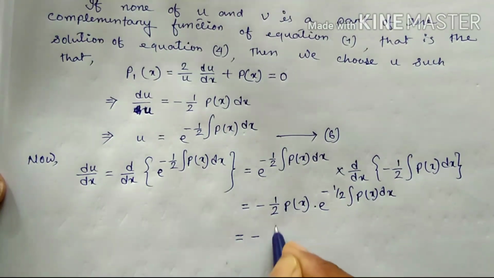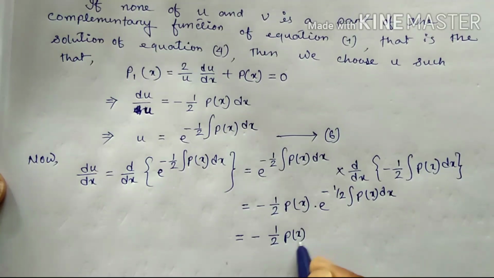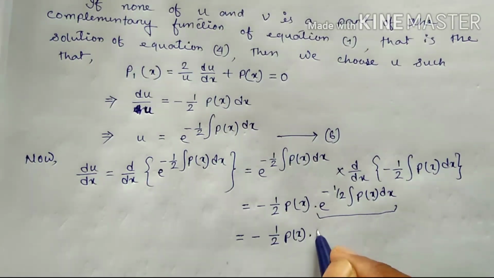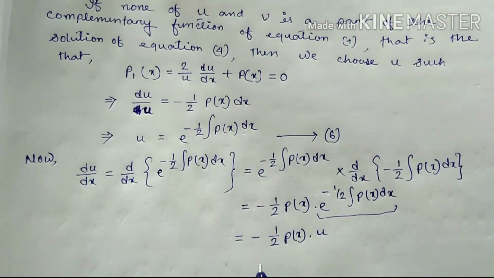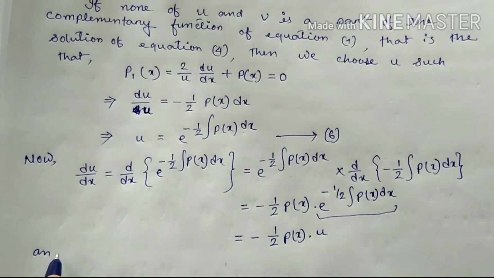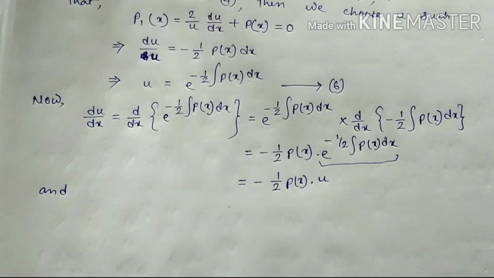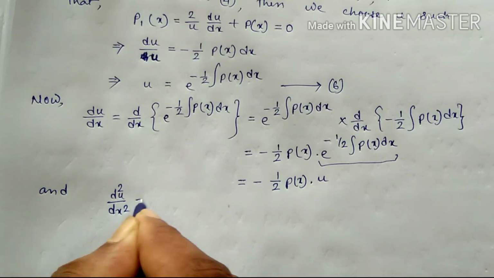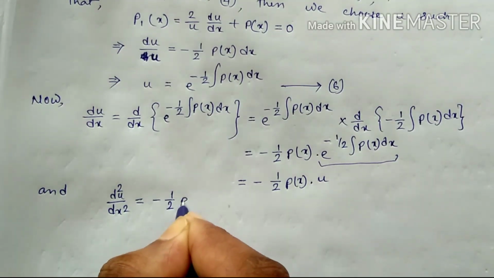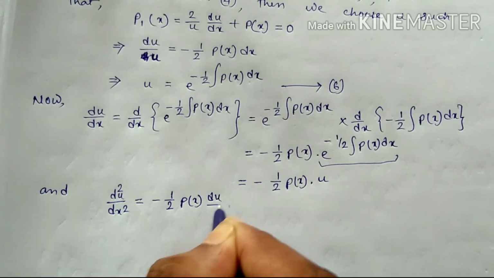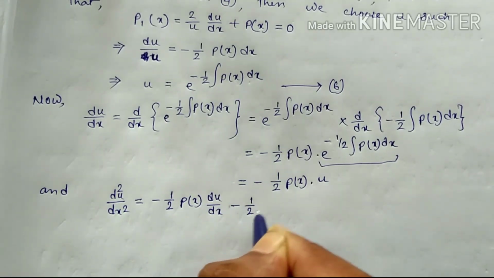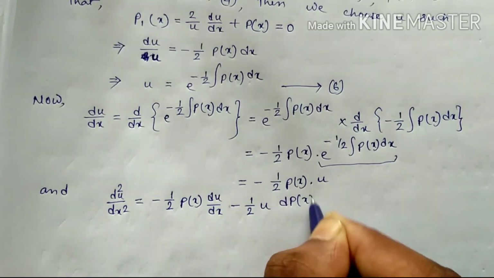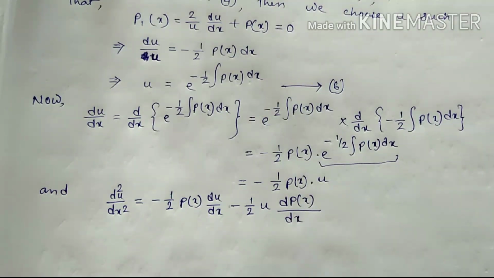This equals minus 1 by 2 p of x into the value of this, equal to u, we already have, and d2u upon dx square is equal to minus 1 by 2 p of x du upon dx minus 1 by 2 u d p of x divided by dx.